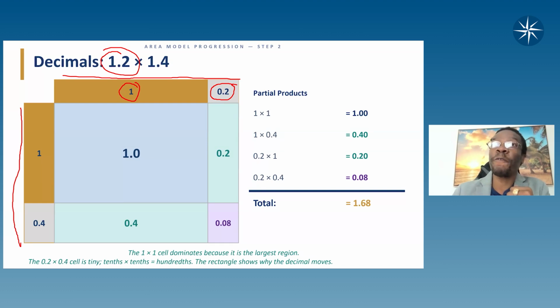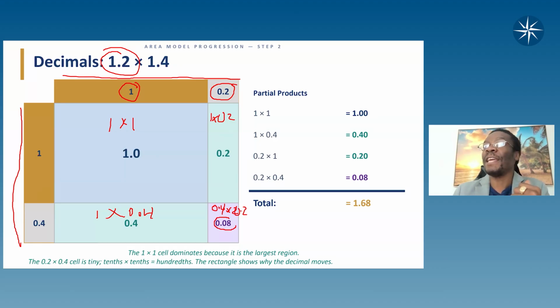The width is 1.4, and then we start multiplying the products. 1 times 1 is 1, so 1 whole times 1 whole. 1 times 0.2, we could put these in here. And the same thing happens here, 1 times 0.4. And 0.4 times 0.2, so 4/10 times 2/10, and that will give us 8 hundredths.